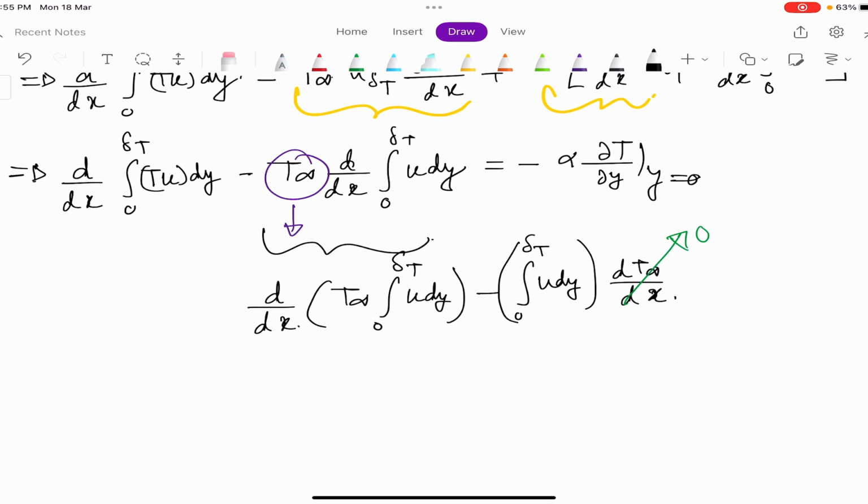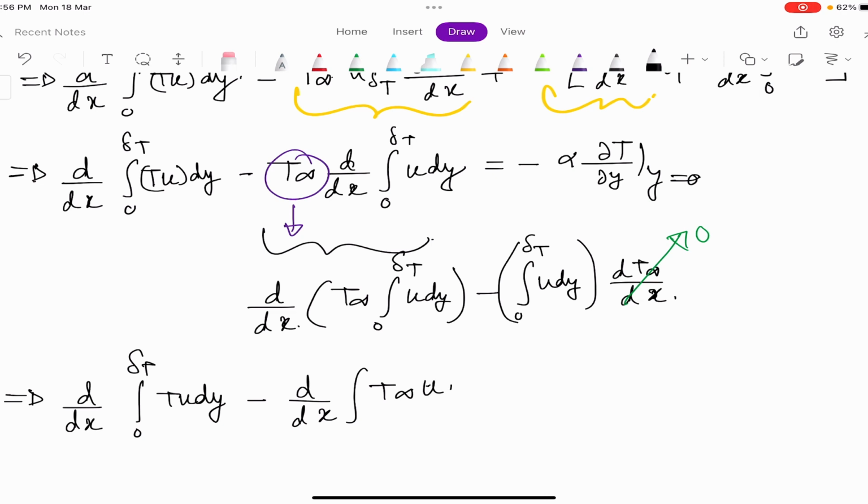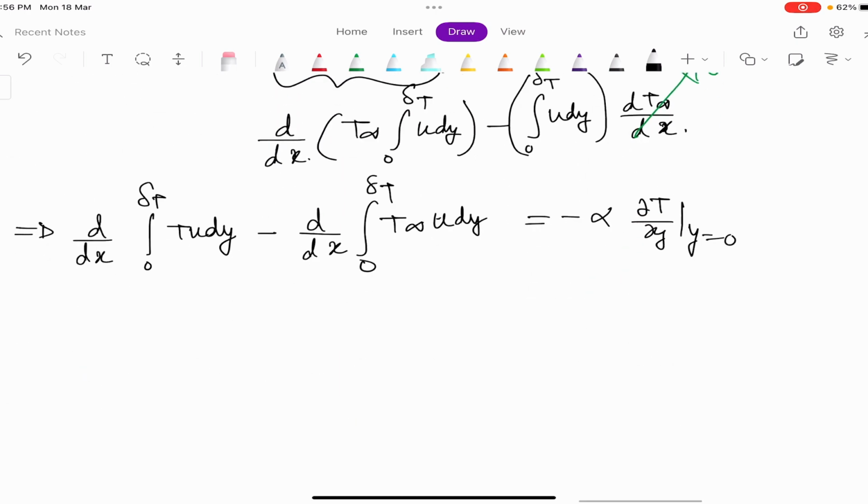So then this becomes d/dx of the integral of T into u dy, minus d/dx of the integral of T infinity u dy. T infinity is neither a function of x nor of y, so I can take T infinity inside the integral here, equal to minus alpha del T del y at y equal to 0.